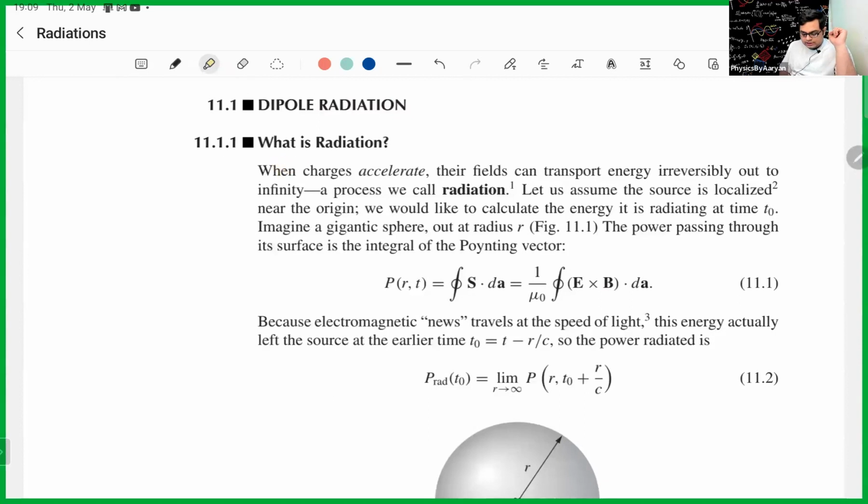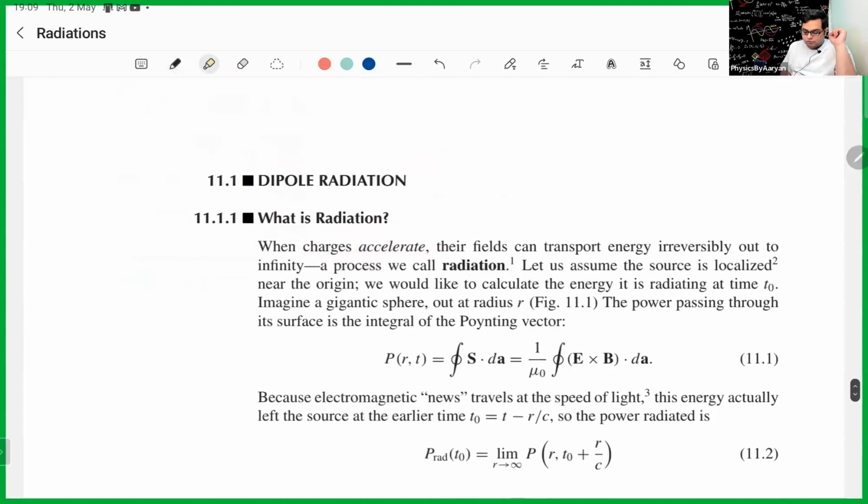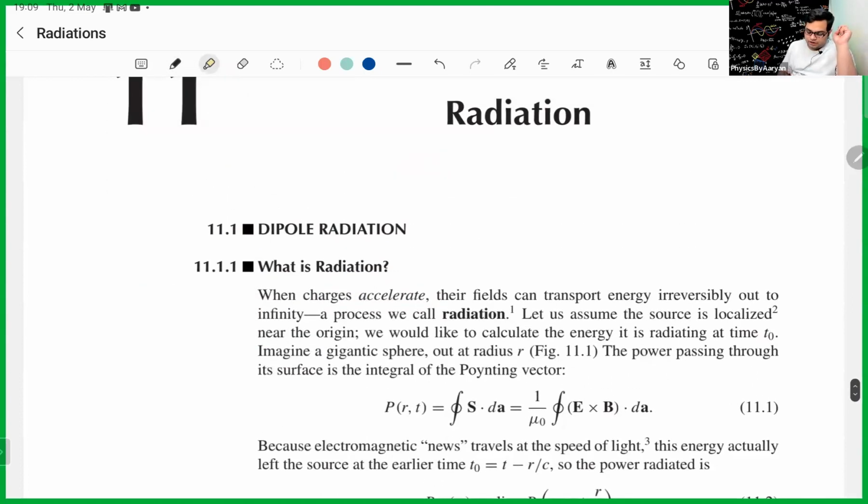When the charges accelerate, the fields... so here the word that comes is accelerate. Now what does this word accelerate mean? We know three facts. Number one, if the charge is stationary, then the charge produces electric field, only electric field.